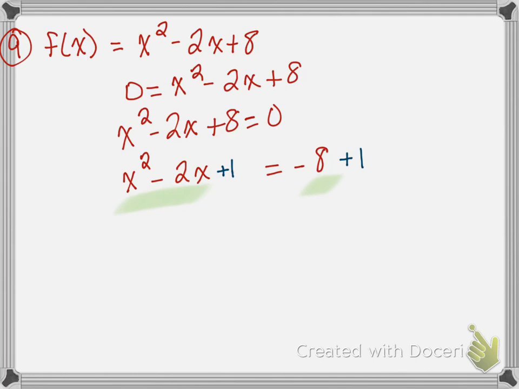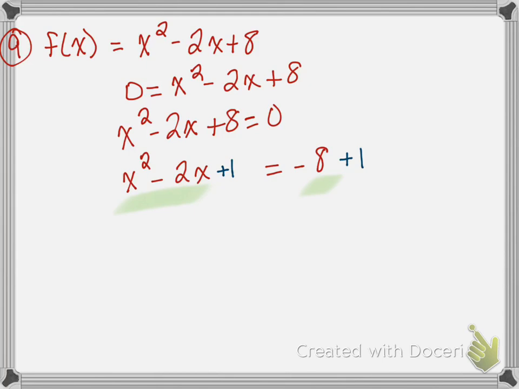In this situation, we are adding it to different sides of the equation, so we have to make sure that we add the same thing to both sides. When we were doing it to find the vertex of the parabola, we weren't dealing with 2 different sides. We were dealing with the same side of the equal sign, and that's why we had to add the opposite to keep it balanced.